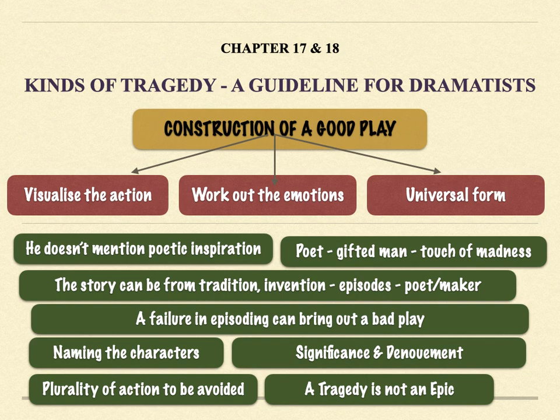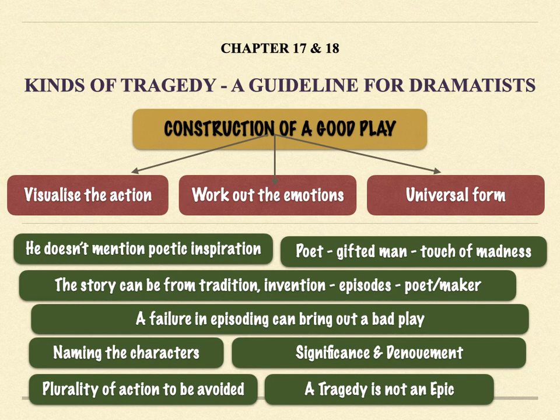Now, the third one is a universal form. This universal form means certain structures and patterns which need to be followed in the same way. For example, if you look at Greek theatre, the chorus was a part of Greek theatre. So similarly, these kinds of patterns which have been approved in all senses should be followed. At the same time, this drama should appeal to all kinds of individuals around the world.